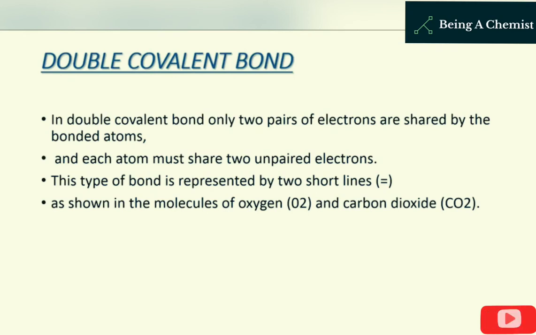And why is carbon dioxide considered a double covalent bond? Because in carbon dioxide, 2 pairs of electrons are shared by the bonded atoms: 2 electrons from one oxygen atom, 2 electrons from the other oxygen atom, and 2 electrons to each oxygen atom from the carbon side. That's how carbon dioxide is formed and considered a double covalent bond.